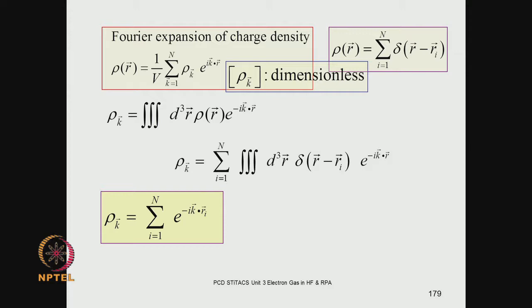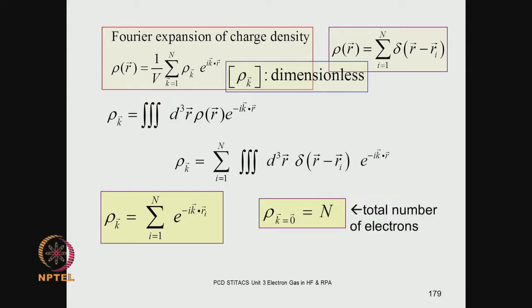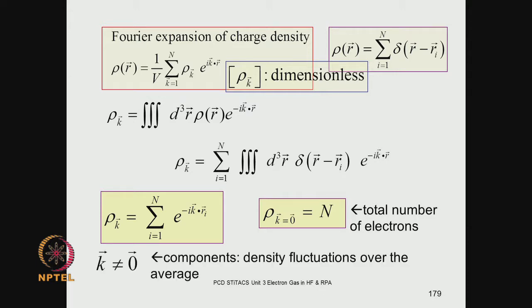So this is the expression for the Fourier components inclusive of the impact of the delta function, and we know that the expression for k equal to 0 gives you the total number of particles, because you will just add 1 n number of times. So the Fourier components k, which do not correspond to the null vector in the momentum space, will correspond to density fluctuations over the average.